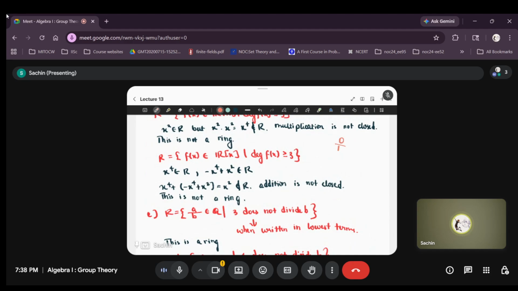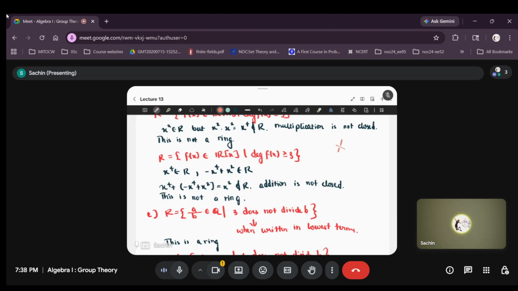So 0 by 1 is the identity. Addition is defined as a/b plus c/d is (ad plus bc)/bd. So when you add a/b plus 0/1, you get (a plus 0·b)/b, which is a/b. So 0 by 1 is the additive identity.